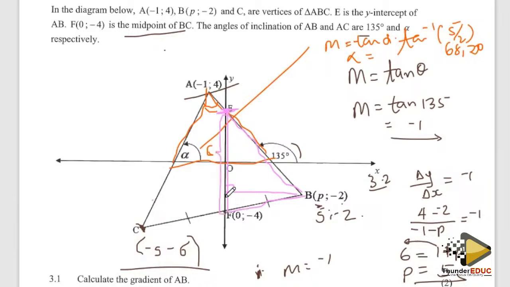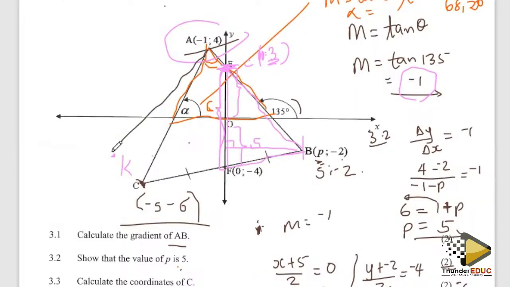I know that from here up to here is equivalent to the value of P, which is 5. So my height is going to be 5. What is shorting is just the base. All right, so this is 5 root 5.